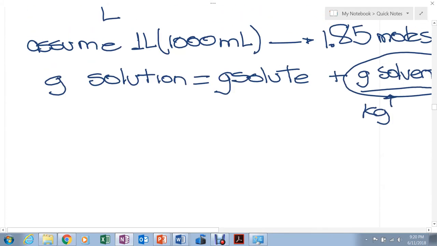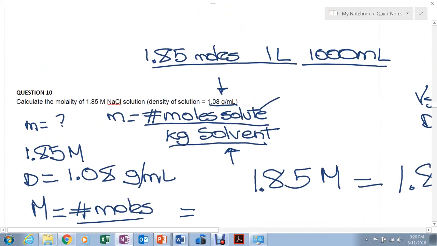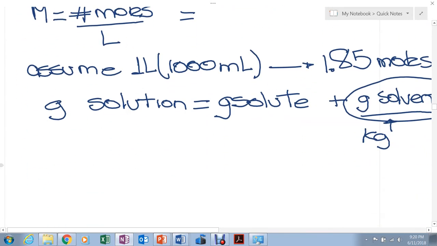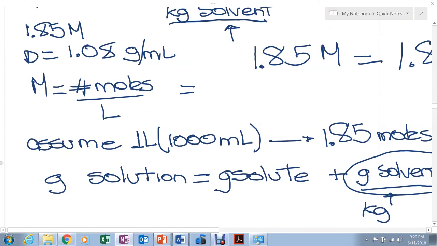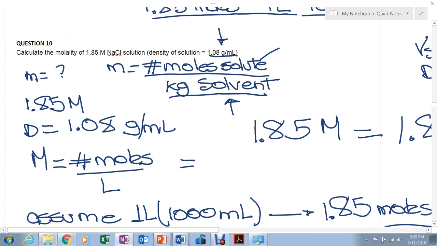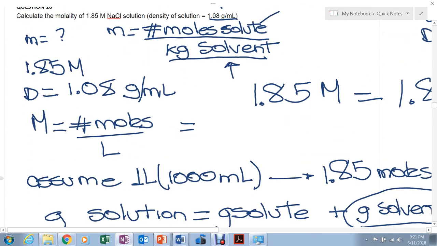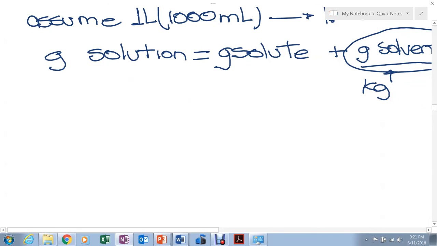So let's go ahead and get this. The first thing now is to use the density and the 1 liter to calculate the grams of solution.